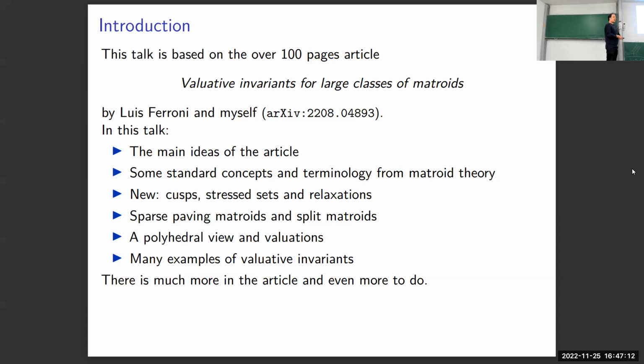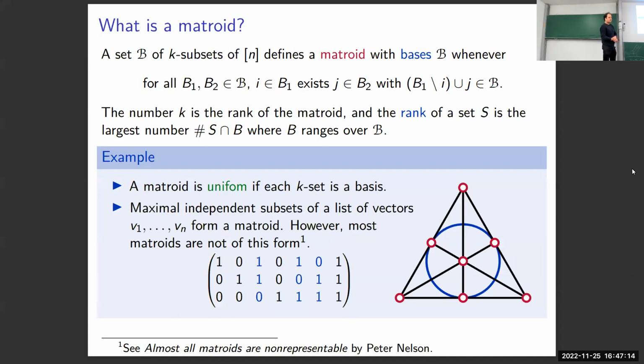Okay, so let's get started with what is a matroid. A matroid is a generalization of the concept of independence, or dependence, whatever you prefer. As you are used to from at least linear algebra, there are bases, and now we want to have a combinatorial description.